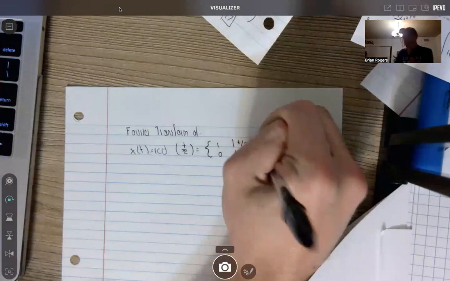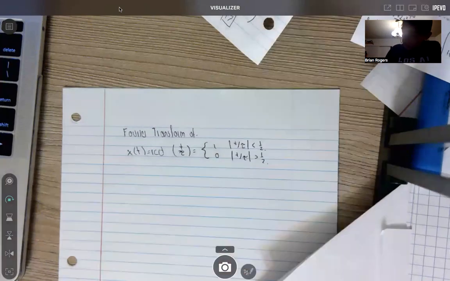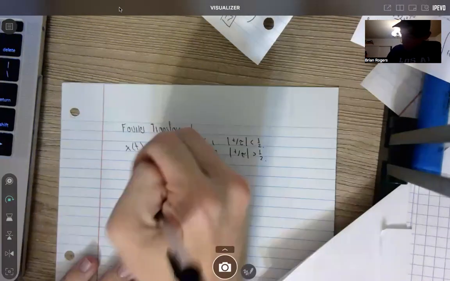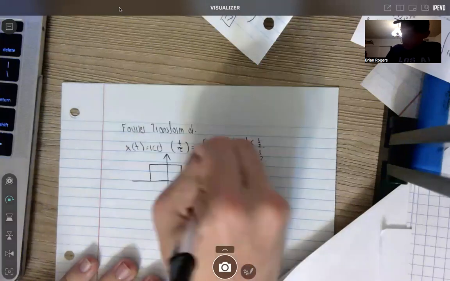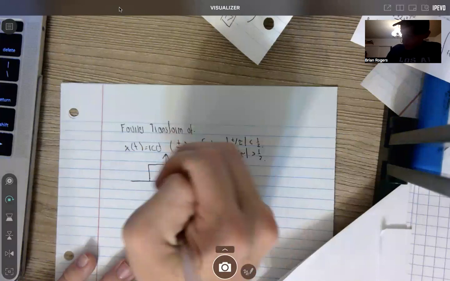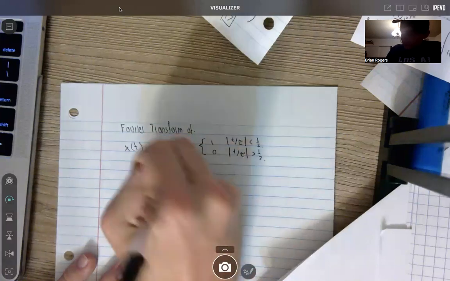And so if we have our t over tau, let's just draw a diagram. This is our negative tau over 2, and this is our tau over 2.